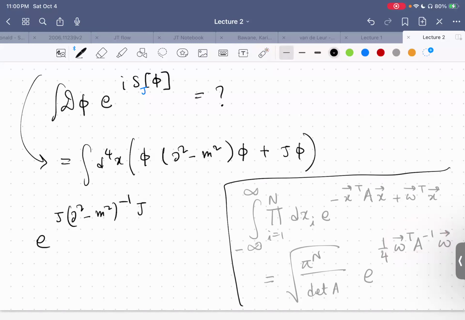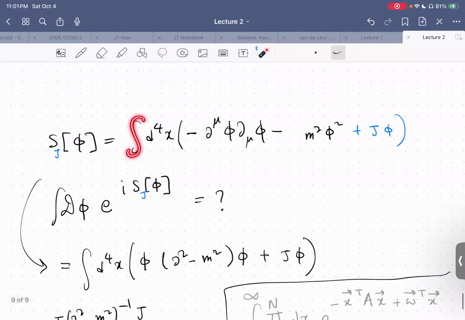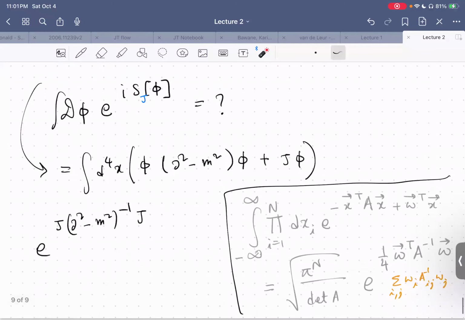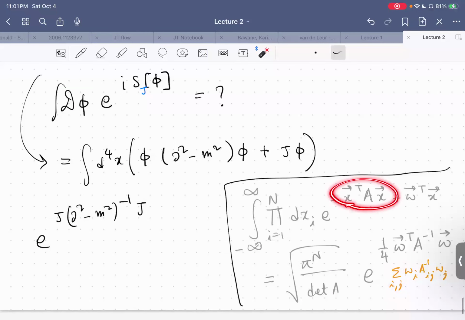So here, for example, in components, you would write this as a double sum: omega_i, A inverse_ij, omega_j, right? This is what it looks like in components. And the summation over these indices is really analogous to this integration. However, notice that here you would have a double sum, right? One over i, A_ij, and here j, and then sum over i and j.